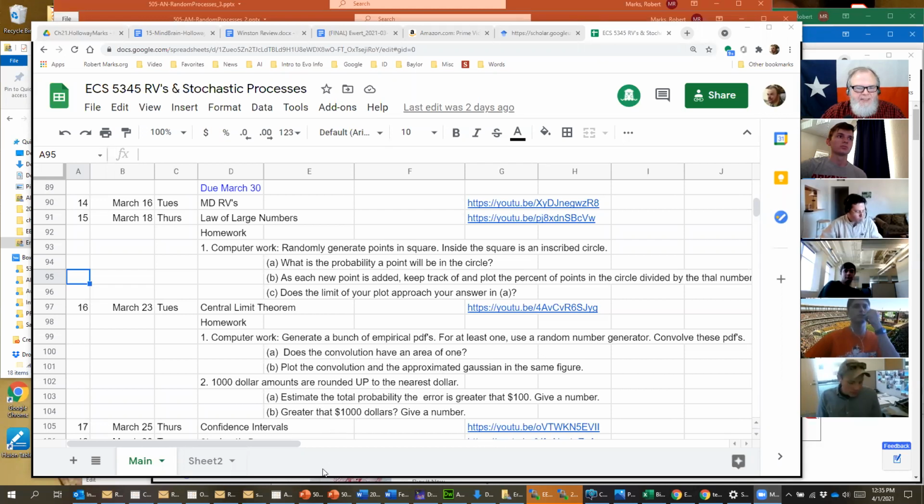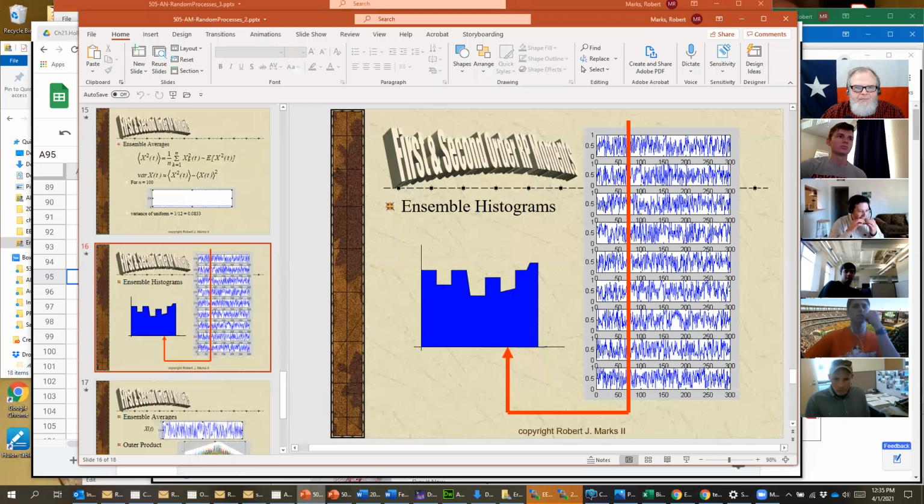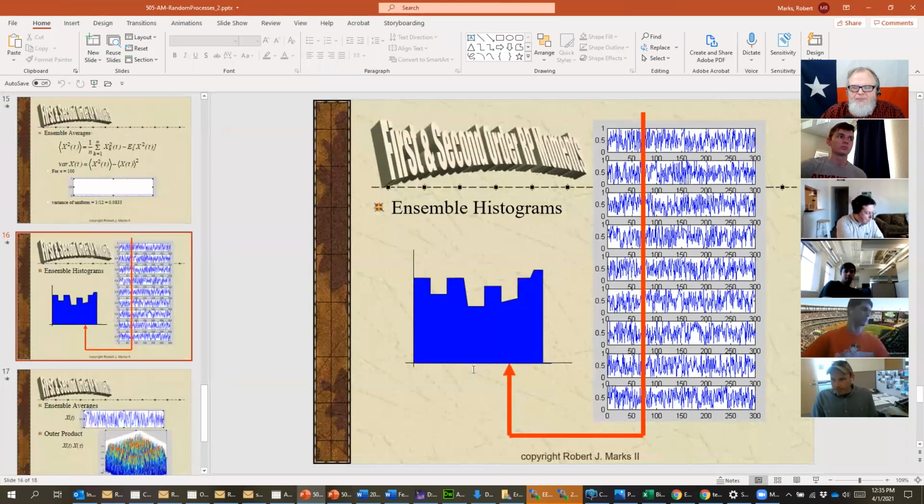I wanted to return to the ensemble average here. And I wanted to point out that ensembles can also be used for generating histograms. In fact, anything that you can empirically do for a random variable, you can do with this ensemble average.